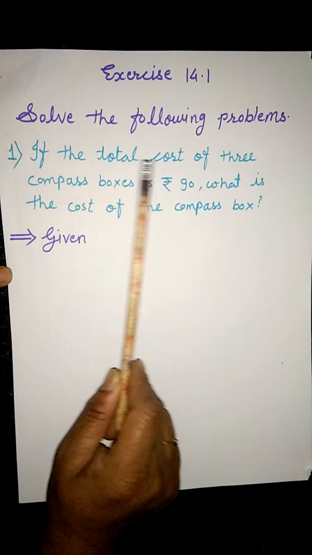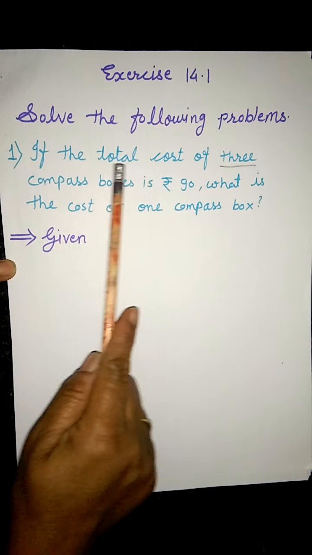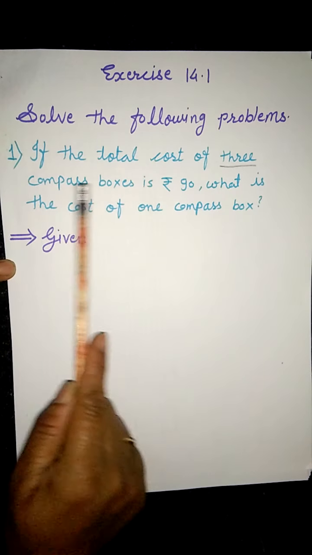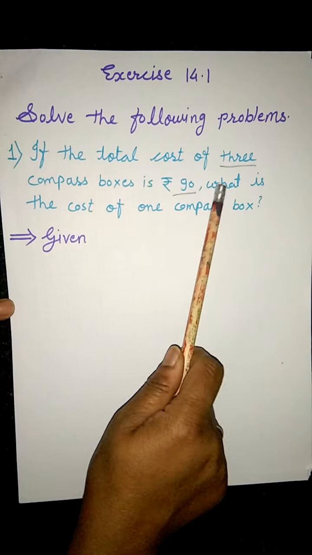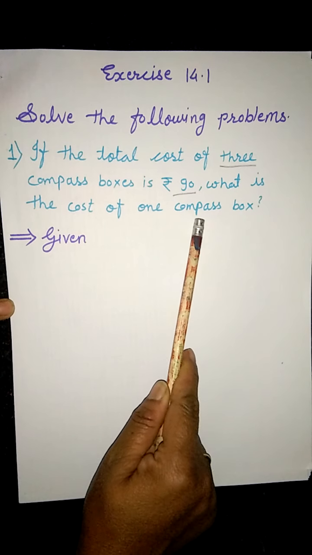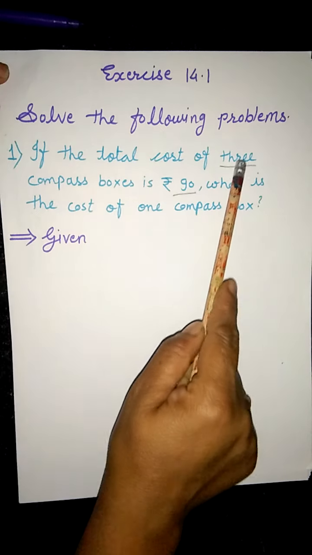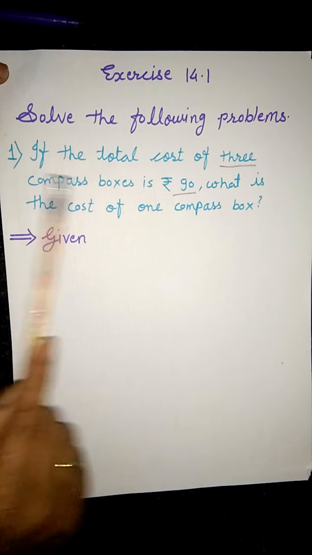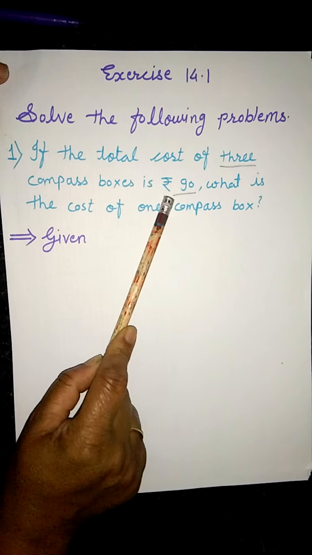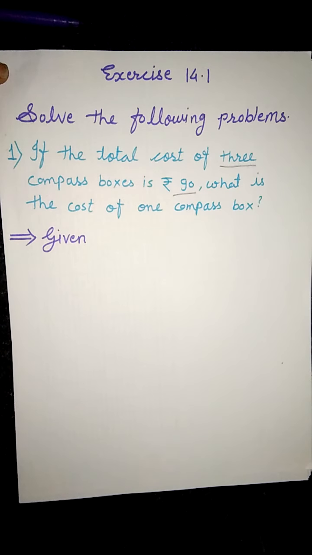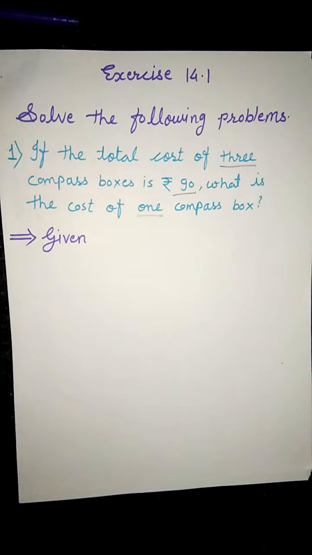If the total cost of 3, remember, if the total cost of 3 compost boxes is rupees 90, then what is the cost of one compost box? In this sum, the cost of 3 compost boxes is given, and from which we have to find the cost of one compost box.